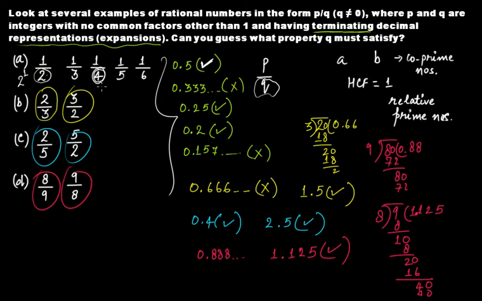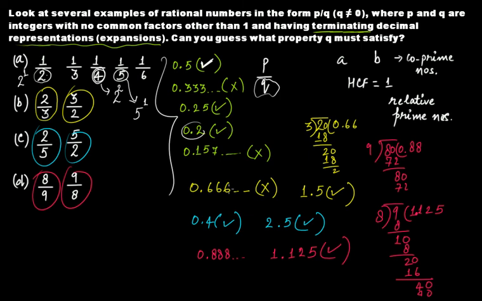This is 4, which means 2 raised to the power of 2. Then you have 0.2. It was for this one. This is 5, which means 5 raised to the power of 1. We are only checking for all those which gave us terminating decimal expansions.